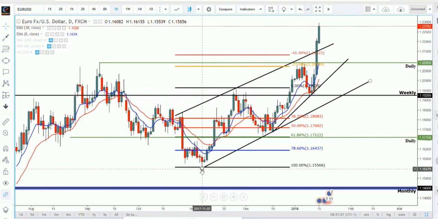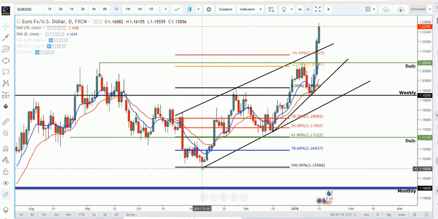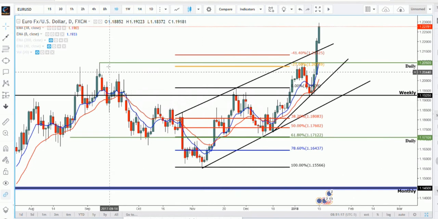From here, low is your A, and your starting point X can be a high. X to A to B is technically a fib retracement.